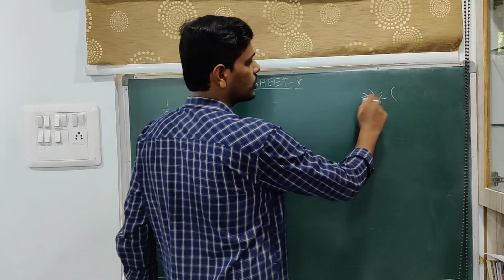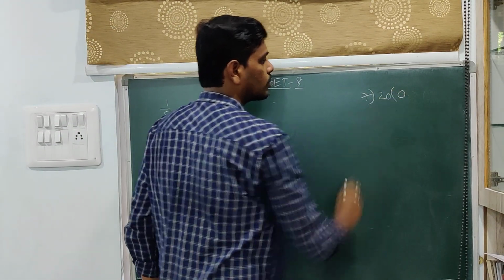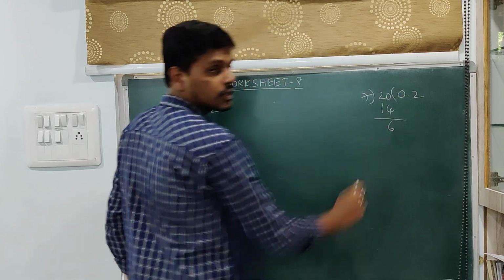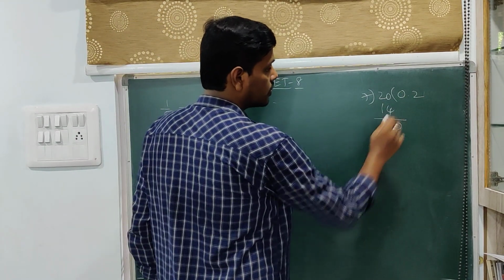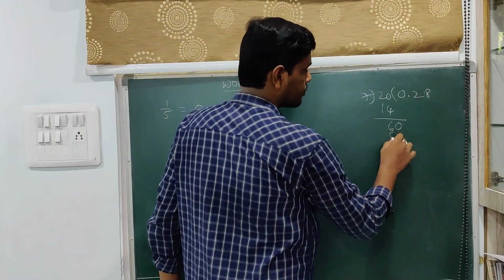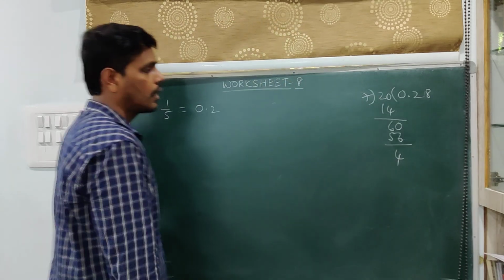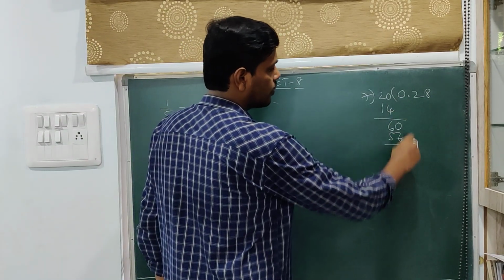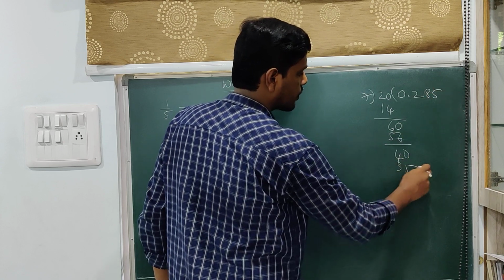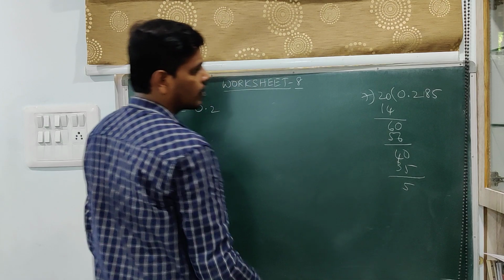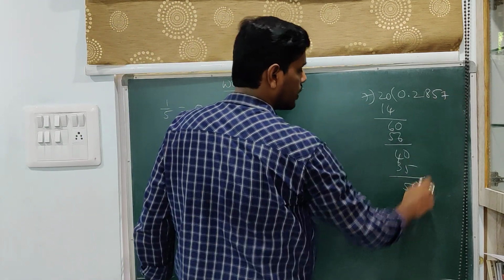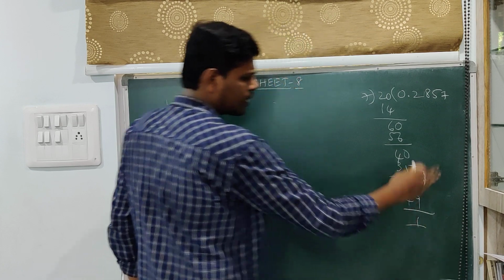2 by 7: 2 is less than 7, so put the point and take 0. 7 2s are 14, and you have 6. 6 is less than 7, take 0 because you have already placed the decimal point. 7 8s are 56. 4, then what else? 7 5s are 35, and you have 5 here, and the 7 you can take 0 here. 7 7s are 49. 1, and it keeps moving like that.